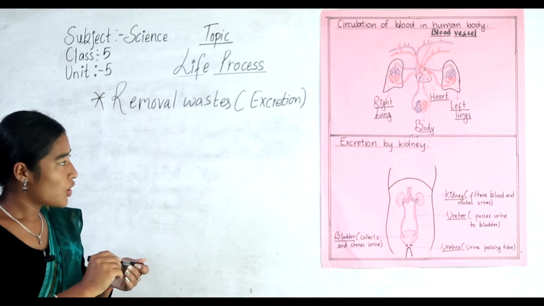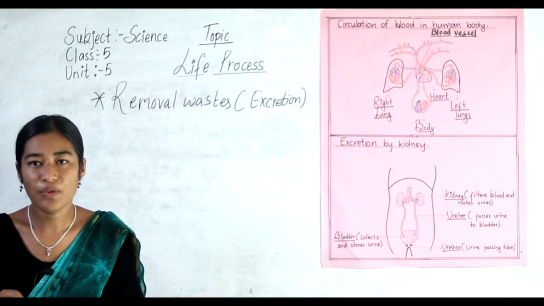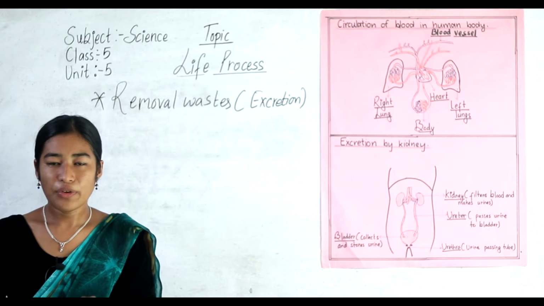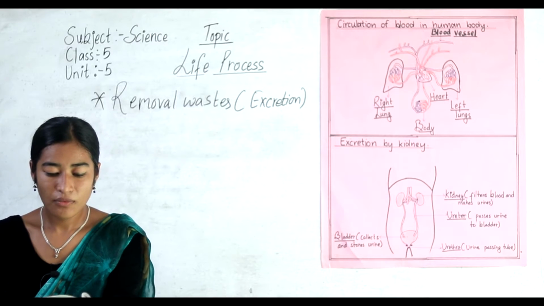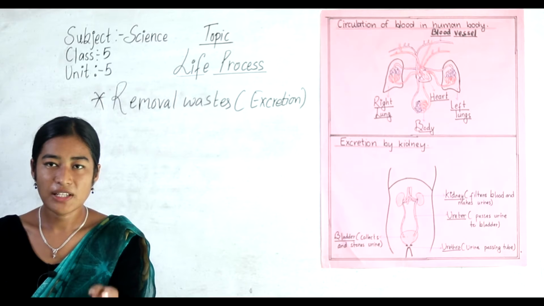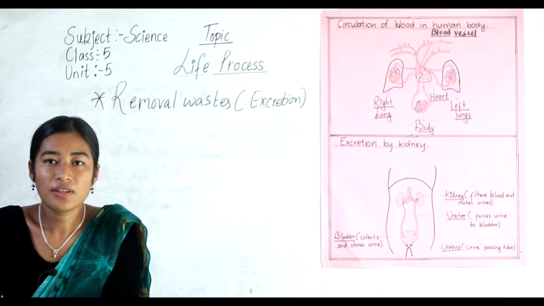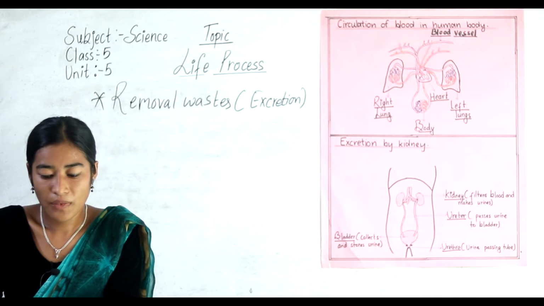You can see here the picture of excretion. You can also look in your book on page number 58. So we are going to read the new topic, excretion. All of you look on page number 57. Different kinds of wastes are formed in our body.